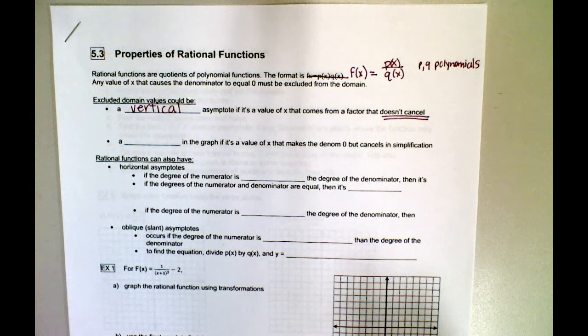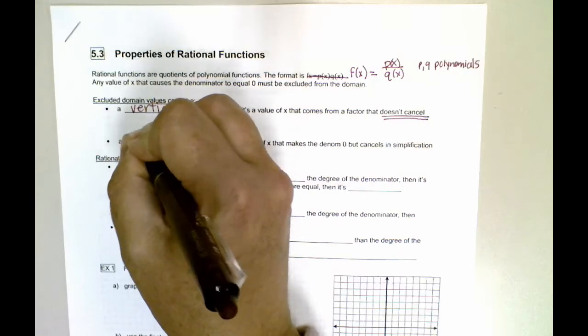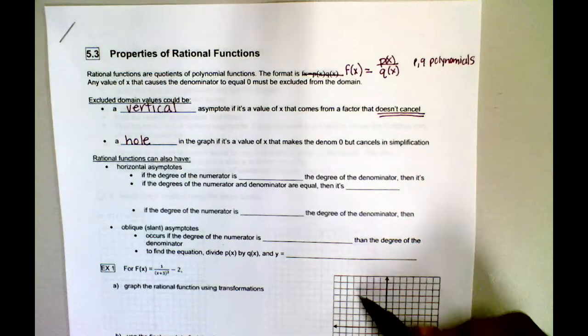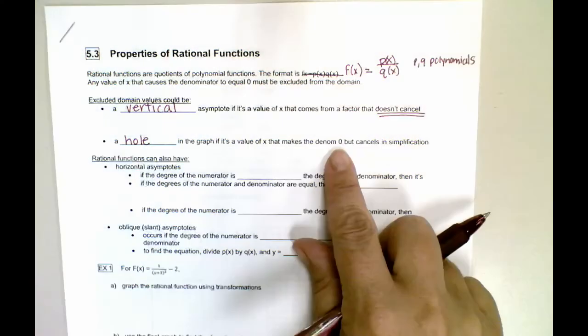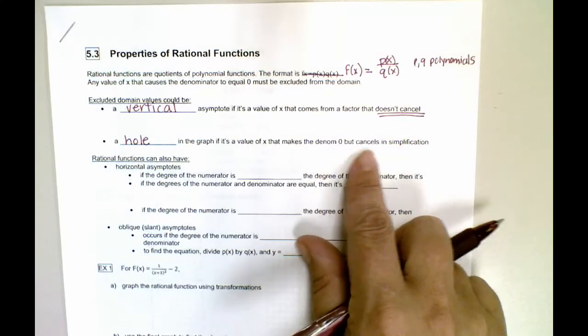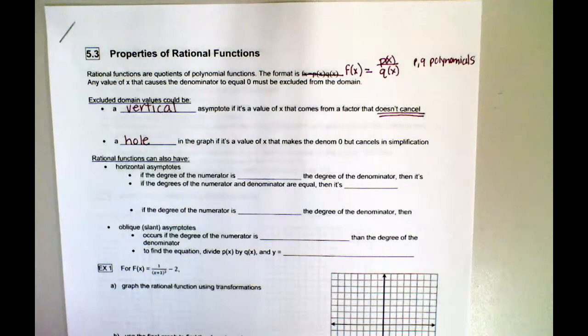The other thing that could happen is that it could be a hole in the graph. So you're going along the graph and all of a sudden there's one individual point where the graph is not defined. That happens if it's a value of x that makes the denominator 0, but it cancels out when you simplify.